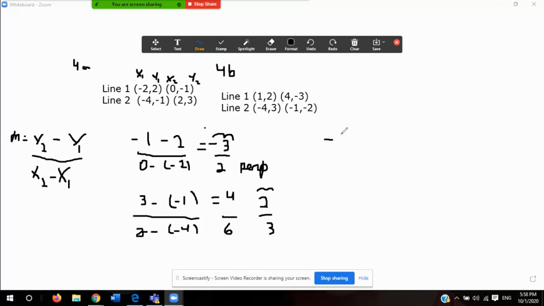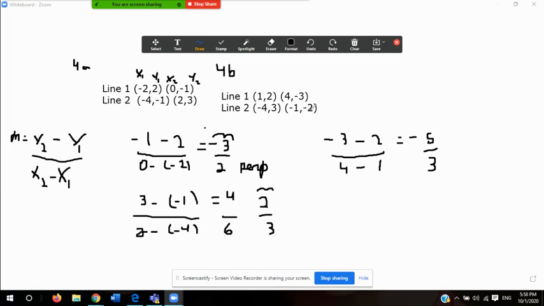So the first one would be -3 minus 2 over 4 minus 1, which are our x sub 2 and x sub 1. Negative 3 minus 2, I add that, and that equals negative 5. And 4 minus 1 is 3, so that would be negative 5/3.